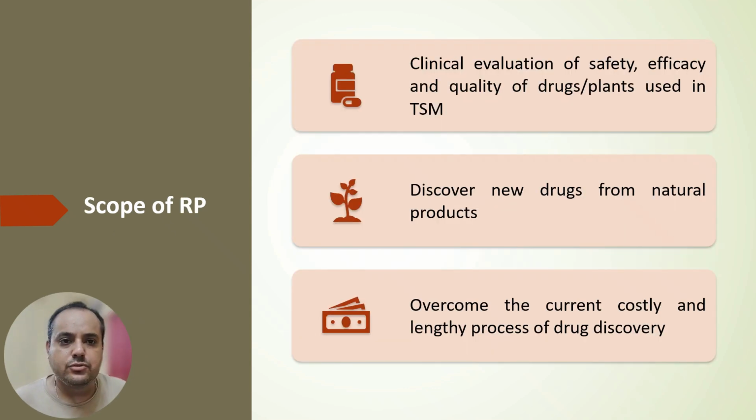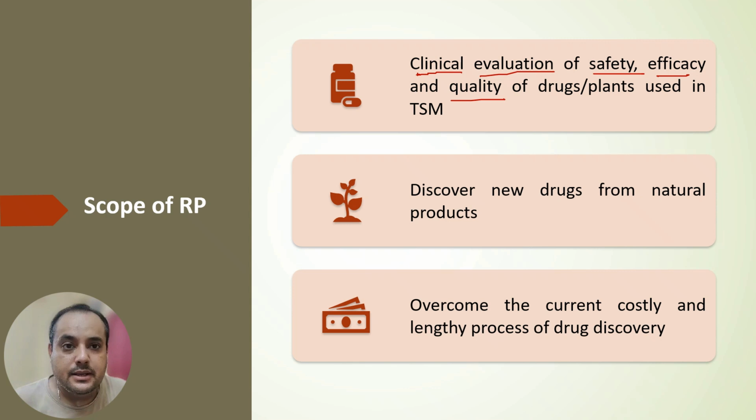Now moving on to the scope of reverse pharmacology. I have already told you that reverse pharmacology is integrating the traditional system of medicine with proper safety and efficacy data. That means the first scope is that there is clinical evaluation of safety and efficacy of whom? Safety, efficacy and quality.